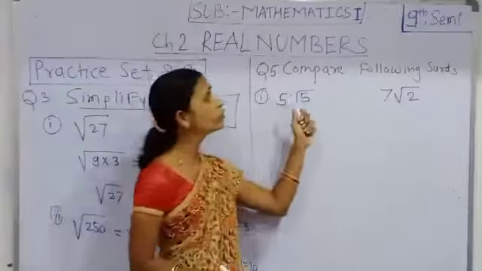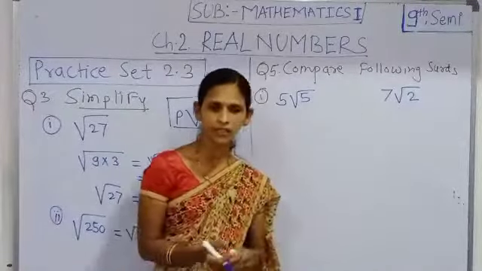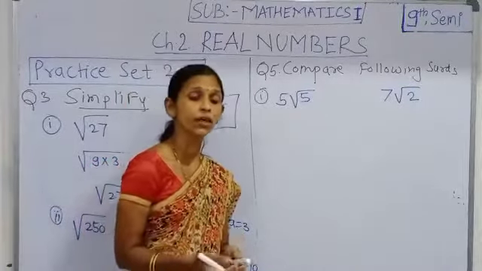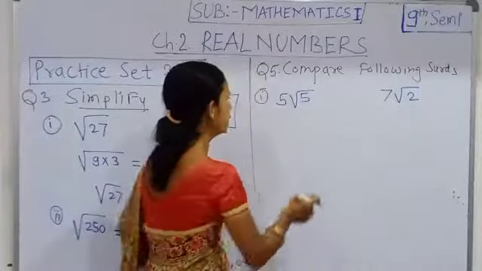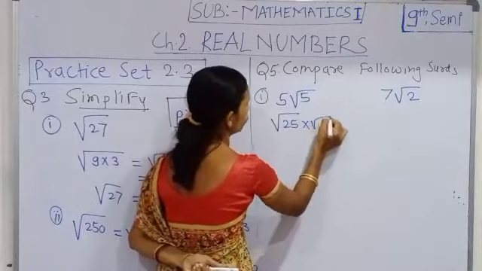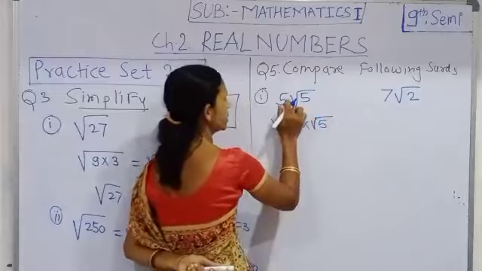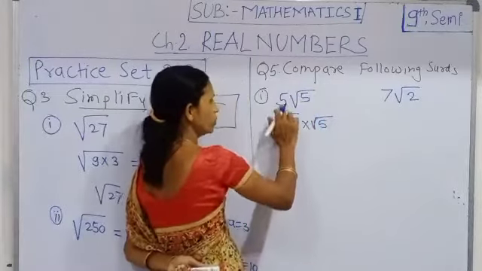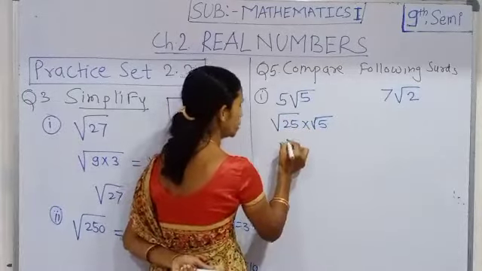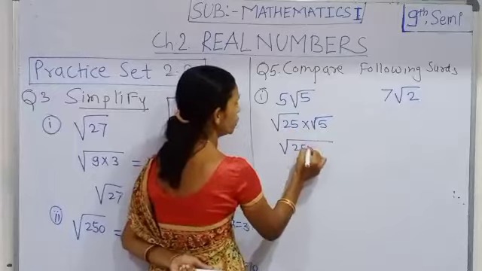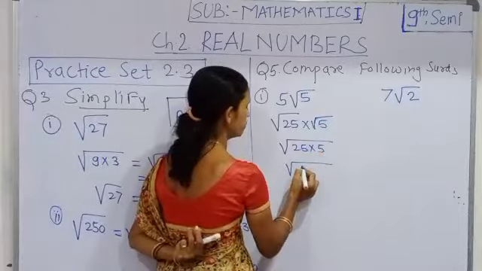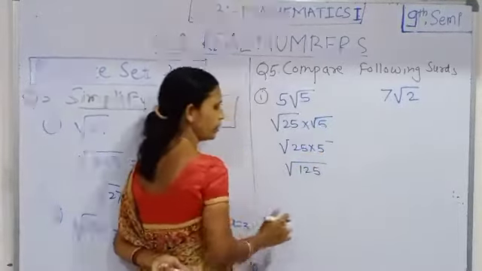When we compare two different surds, we have to convert those surds into their mixed form of surd. See here 5 means root 25 into root 5. That is, 5 into root 5. Therefore 5 is converted into root 25, into 5. Therefore root 25 into 5, 125, root 125.